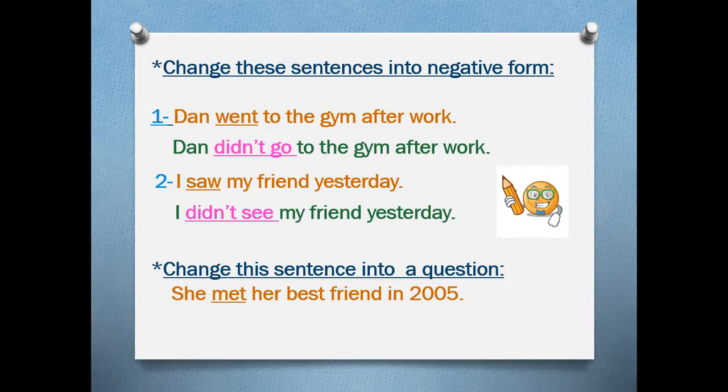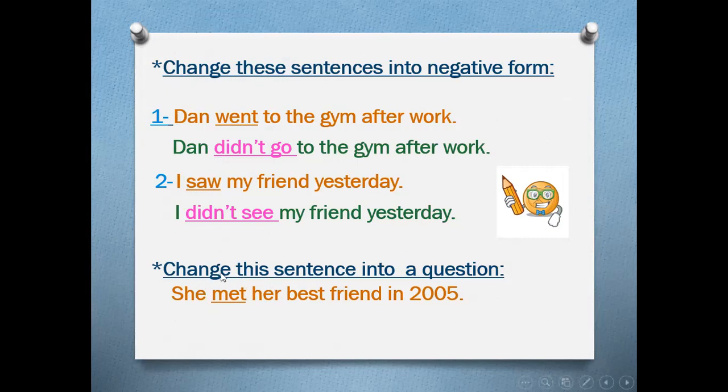I ask you a question by using only the helping verb. So we have to put first the helping verb. What is the helping verb? When we saw the verb, we have to know.